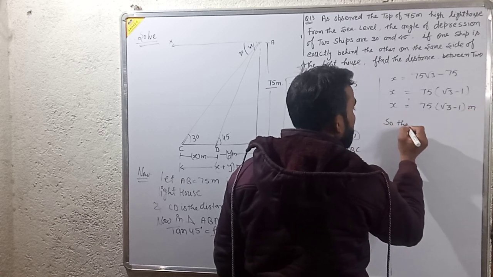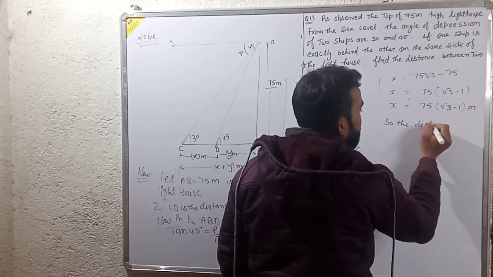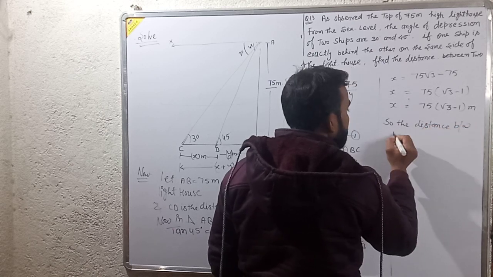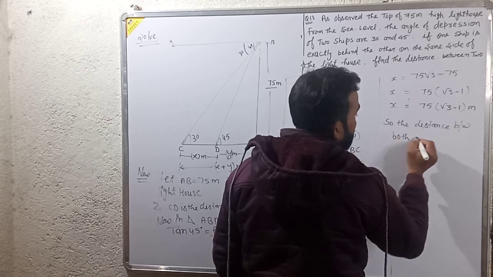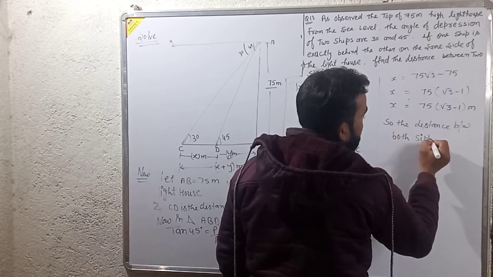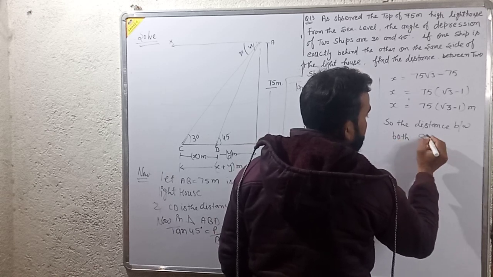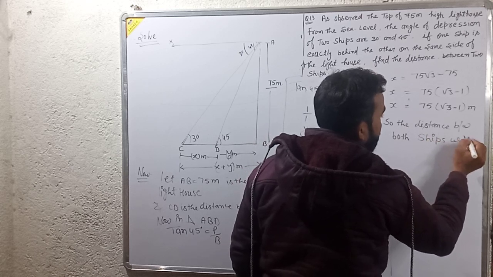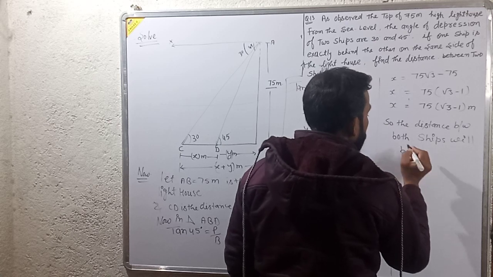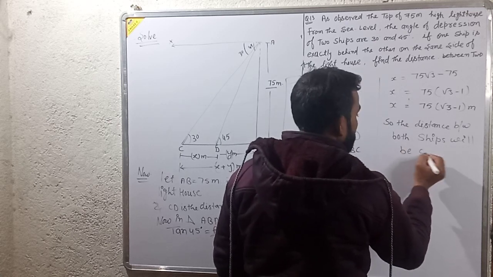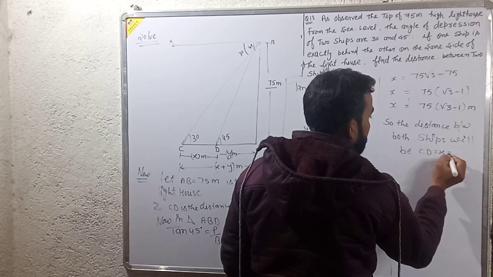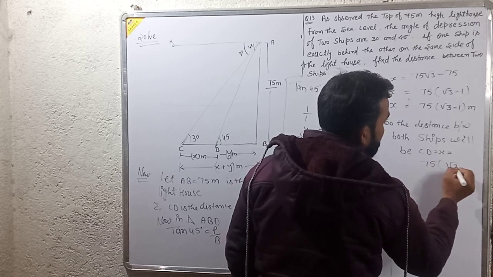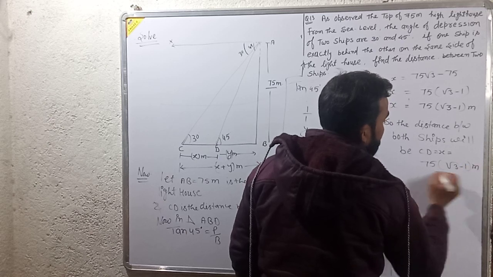So the distance between both ships will be CD equal to x equal to 75 times (root 3 minus 1) meters.